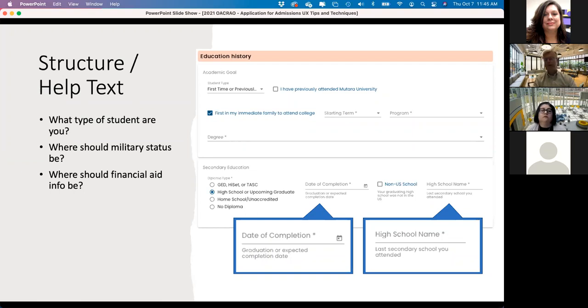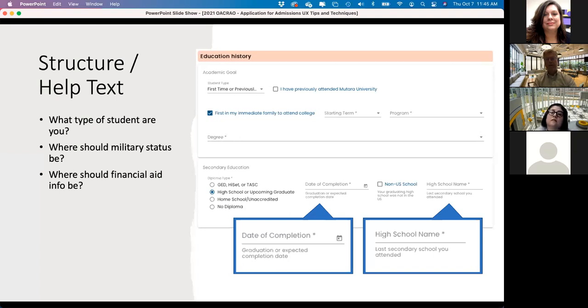A lot of times, if I'm applying and I haven't graduated yet, but I will be graduating before I start college, we need to explain what that means, because if you don't, they're going to make the wrong selection, provide the wrong date, things like that. Similarly, the high school name: what's the last secondary school you attended? Because that's really all they're worried about.